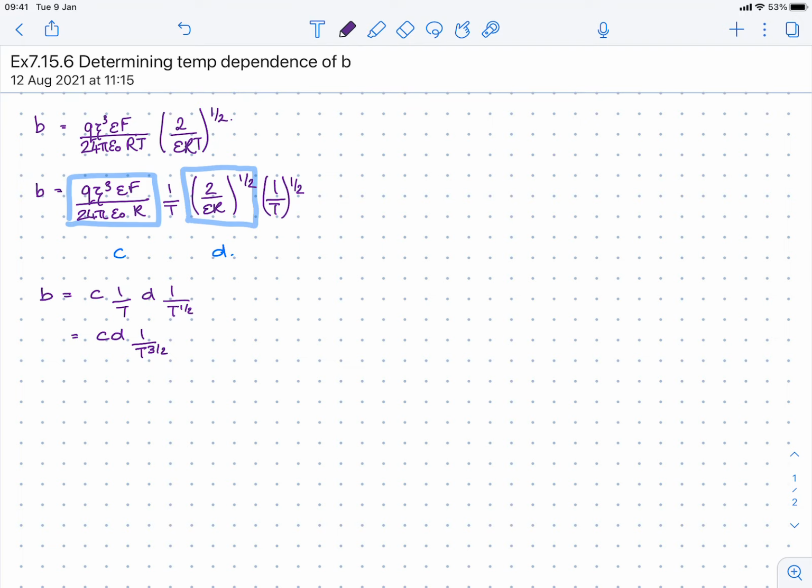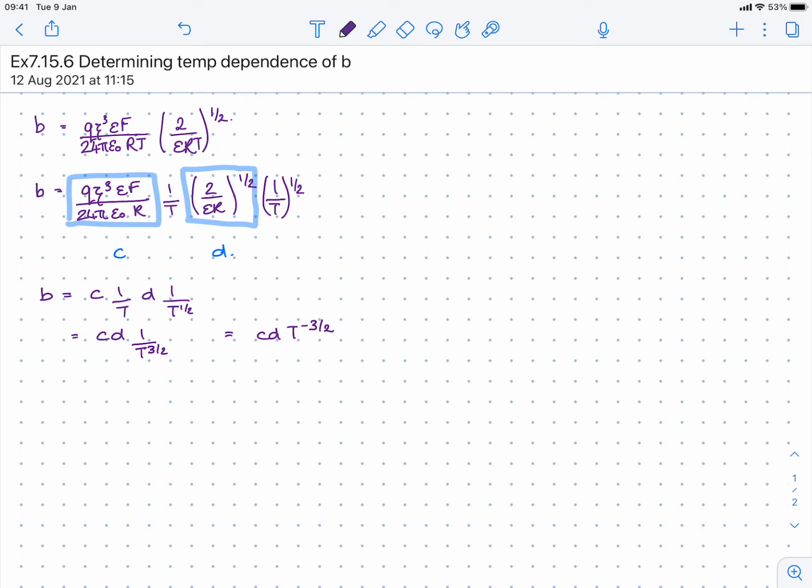But I am going to differentiate this ultimately, and so I want to write this in the form that makes it simplest for me to differentiate. Instead of having this as a fraction, I'm going to rewrite my power as T to the minus 3 over 2, rather than 1 over T to the 3 over 2, because in my mind, that makes it as simple as possible to differentiate.